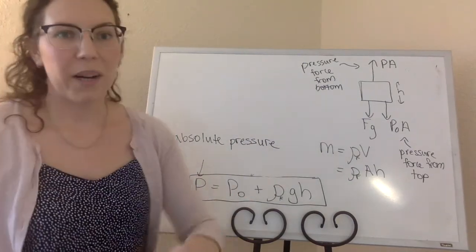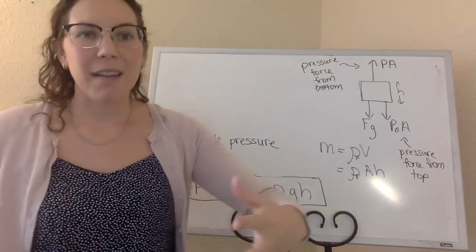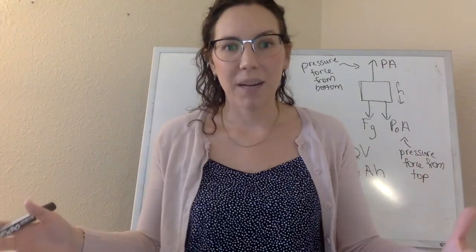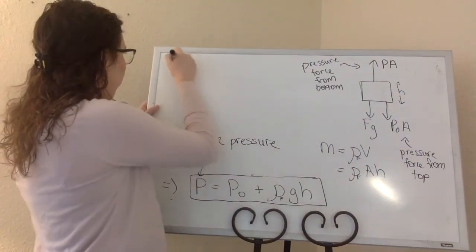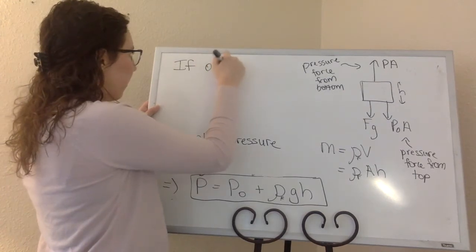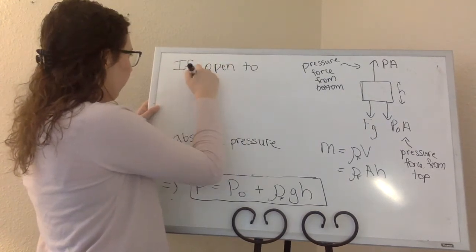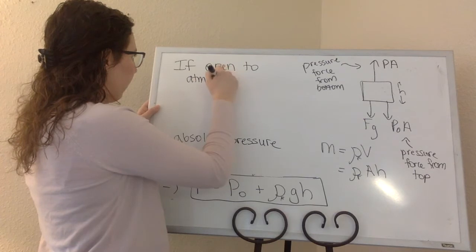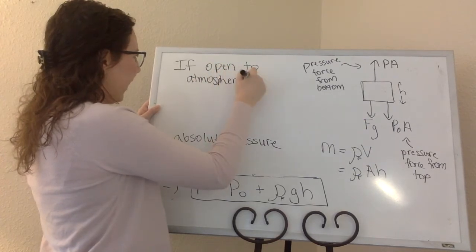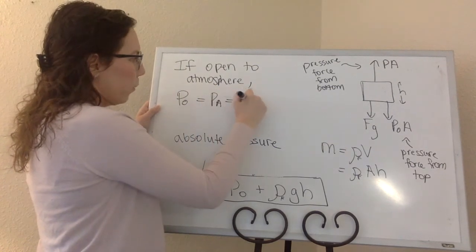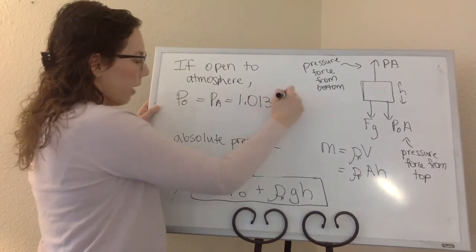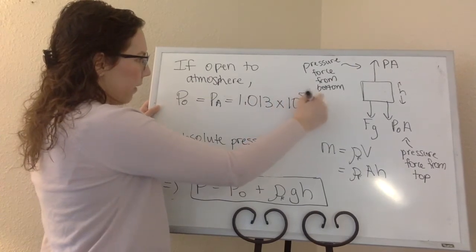And this initial pressure at the top of the region, if that surface is open to the environment, then that will be atmospheric pressure. So if open to the atmosphere, we have P naught equals PA, which is 1.013 times 10 to the 5 pascals.